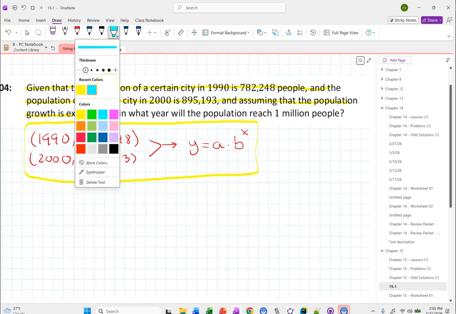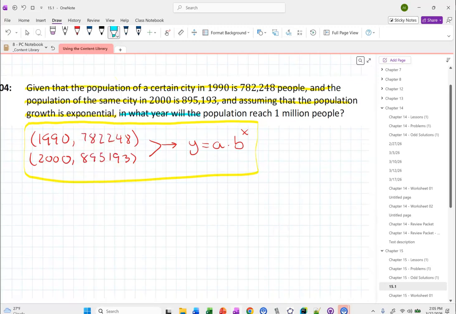Before I finish, I want to point out that the second half of the question says, in what year will the population reach 1 million people? I'm going to call this f of x instead of y. So here, what we want to do is solve f of x equal to 1 million.